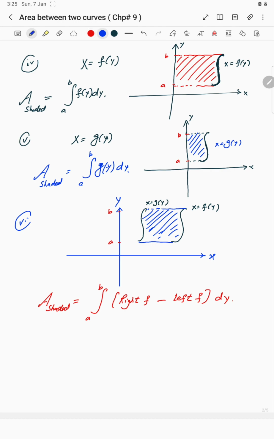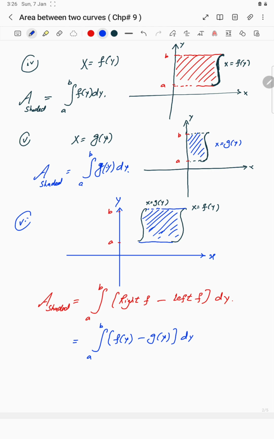For this case we can write it as the integral from a to b of f of y minus g of y d of y. So these were the rules and formulas which help us evaluate the definite integral, or the area between the y-axis and the curve, or the axis and the curve, or between the two curves.